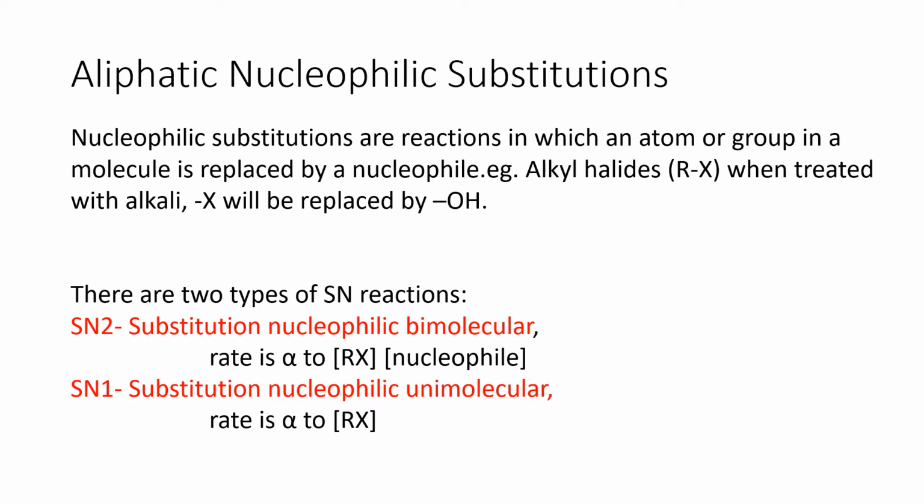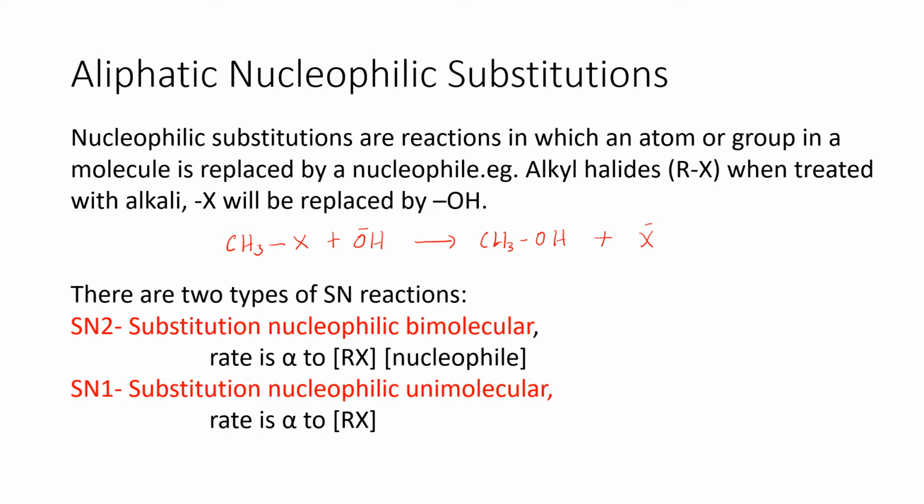And in aliphatic nucleophilic substitution, when alkyl halides are treated with alkali, X is replaced by OH. We have already seen an example. When CH3X is treated with OH minus, we get CH3OH plus X minus.